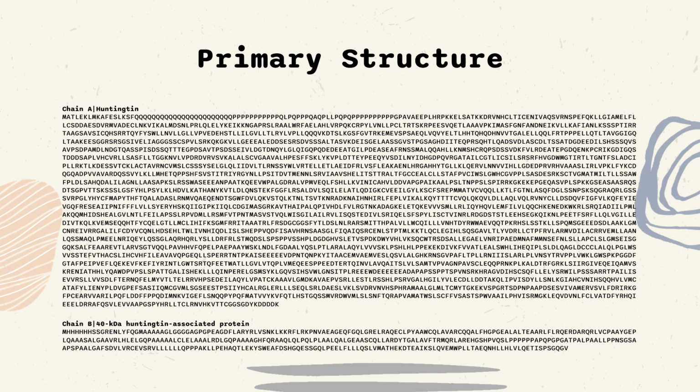This repetitive sequence is what makes the Huntingtin protein susceptible to expansion mutations leading to Huntington's, as discussed on the previous slide. These sequences continue for thousands of amino acids, forming the complete primary structure of the Huntingtin protein.